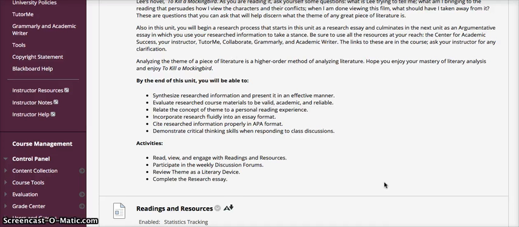Also, for the activities, you must read, view, and engage with readings and resources, participate in the weekly discussion forums, review theme as a literary device, and complete the research essay.